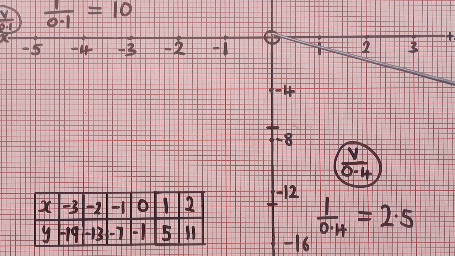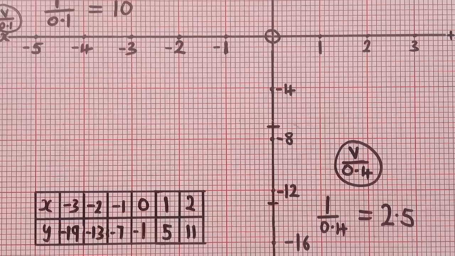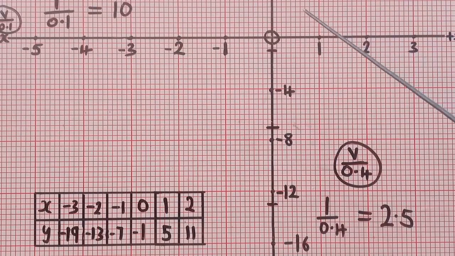Let's count. 1, 2, then 2.5. This is the 2.5 position. Let's mark it. Again, like others, you have seen it marked with that slash. So this is the place we have marked to correspond to this minus 1.